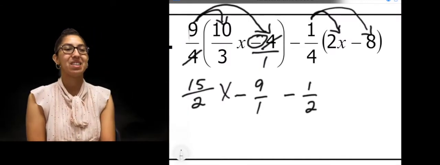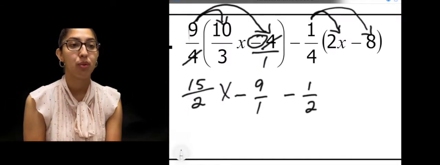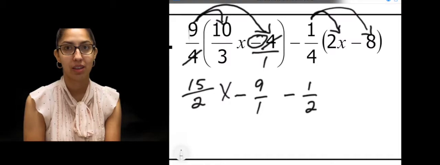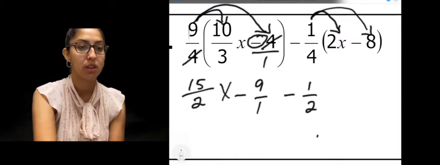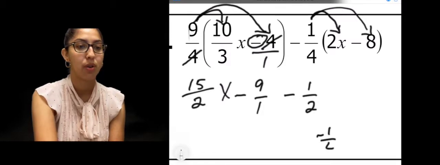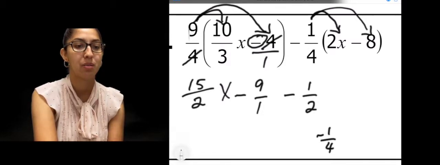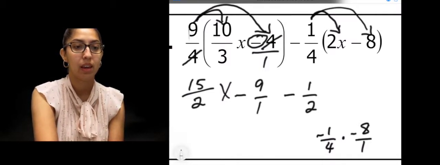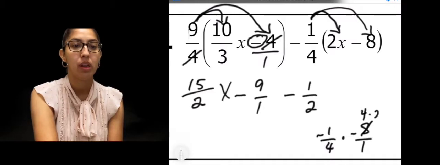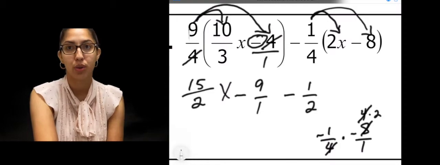Okay, so next I am doing -1/4 times -8. I'm actually gonna write that down here so you can really see. So -1/4 times -8 over 1. That's what we're looking at. So this 8 can become 4 times 2. So I know that I have a 4 here, a 4 up here, so I'm gonna get rid of those 4's, cross them out.